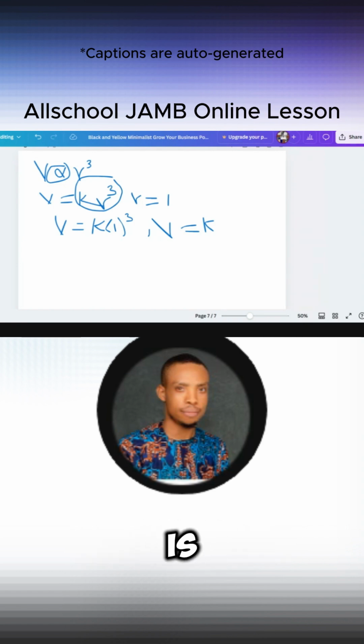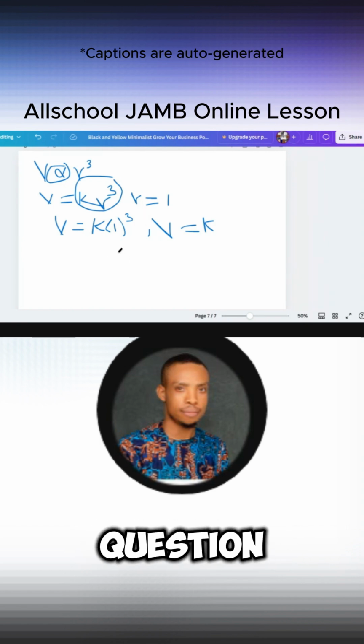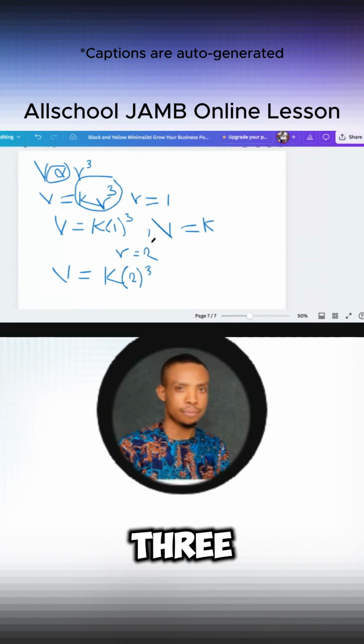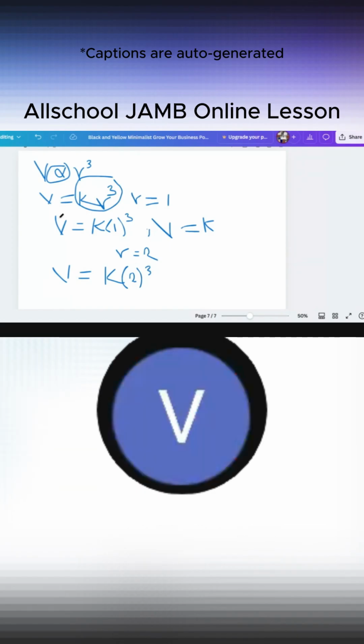So now, if my V is equal to k, question A says, what will happen if it is doubled? That means if our r is equal to 2, I'm going to have V equal to k times 2 raised to power 3. Do we understand?